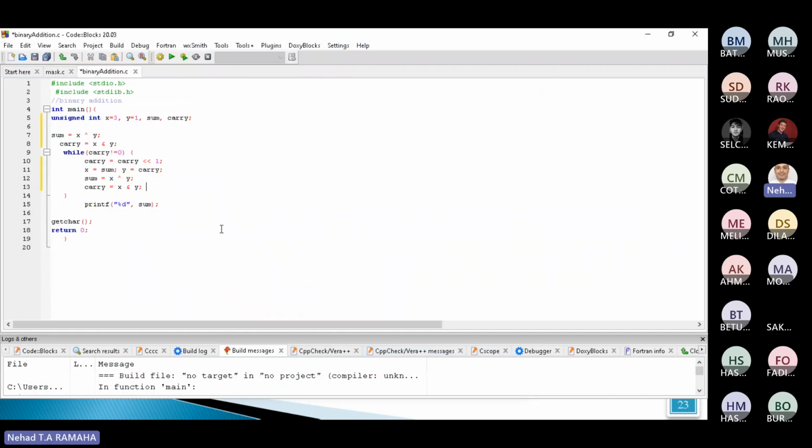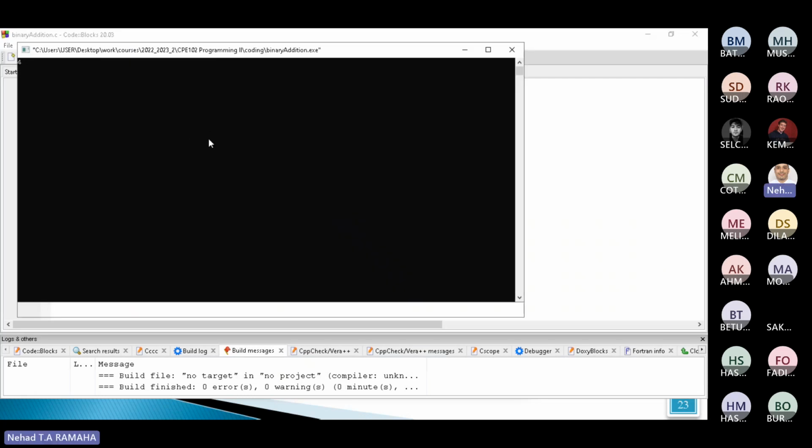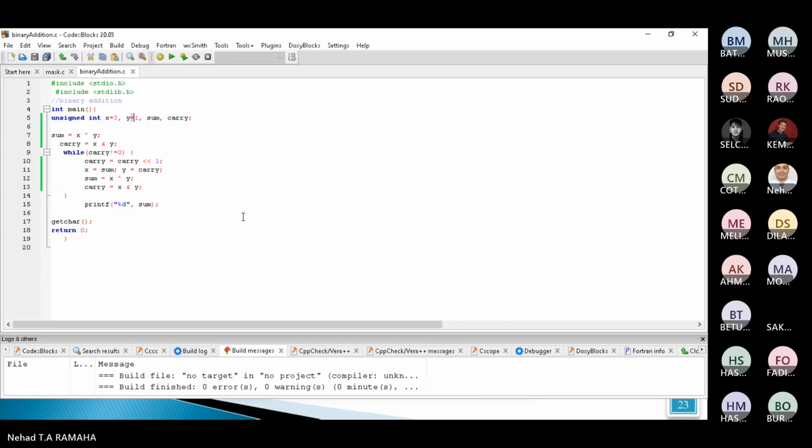Okay, we have this binary addition, 3 plus 4. So it should be 3 plus 1. It should be 4. Yes, it's 4. So what happened in here? Let's run it step by step, debug.